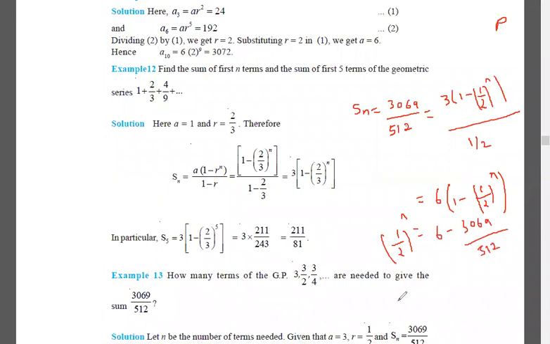So 1 by 2 to the power n is equal to what? Find the value of n.